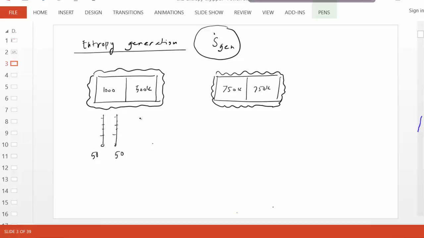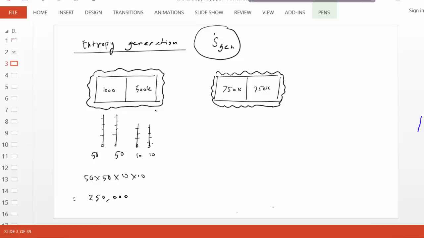This one can have 50 different ways, and these guys can have, let's say, 10 different ways and 10 different ways. So the entropy will be proportional to 50 times 50 times 10 times 10, log of that anyway, but you get the idea, which will be close to 250,000. So this is how many ways in which energy can be stored in this combined system.